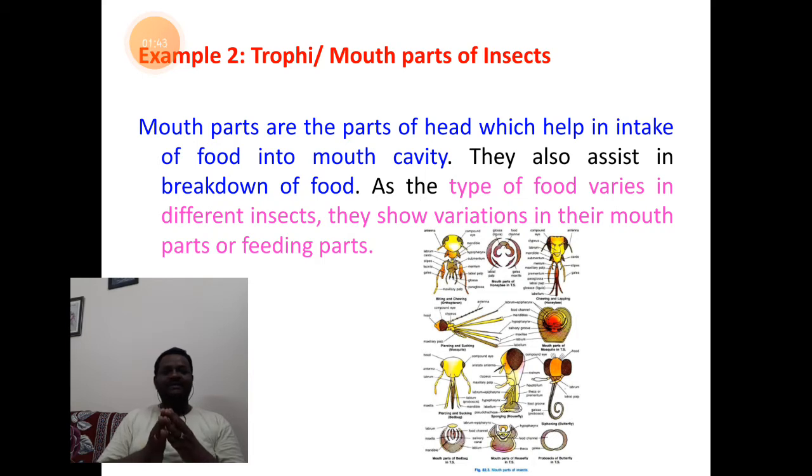So that way we have understood the first example that is prescribed in your syllabus is forelimb of vertebrates, especially tetrapods. In today's session, we are going to understand the second example pertaining to homologous organs, that is trophi or mouthparts of insects.